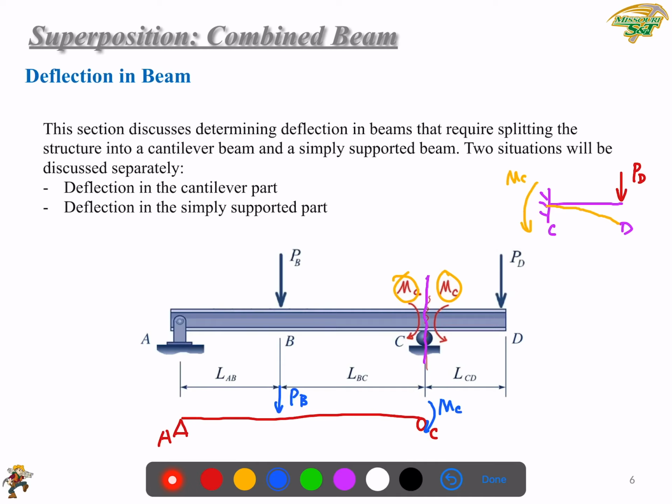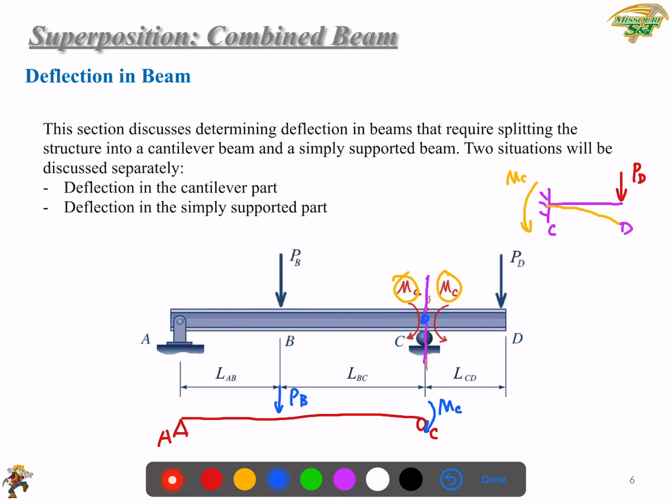But how about the cantilever part? The cantilever part has only one loading, PD, but as we said, the simply supported part and the cantilever part will be connected at point C, right?